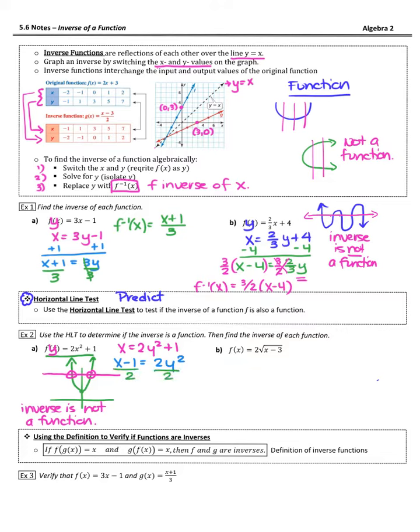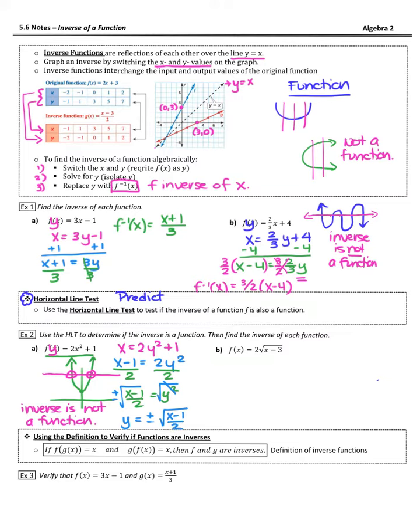So we go through this, and that gives me (x minus 1) over 2 equals y squared. We want to solve for y. So notice then I have to put a plus or minus the square root. So we have actually y equals plus or minus the square root of (x minus 1) over 2.